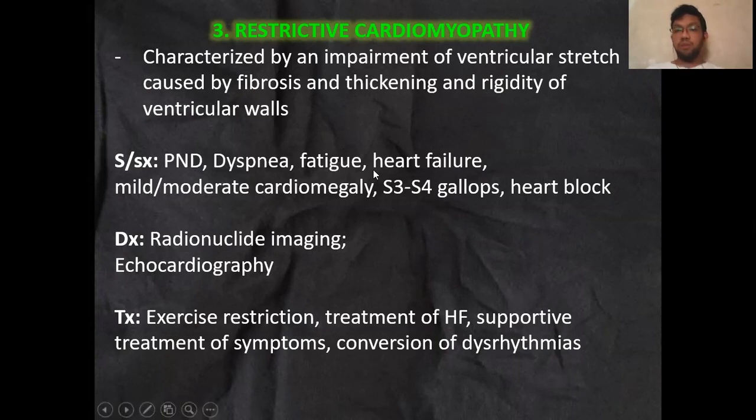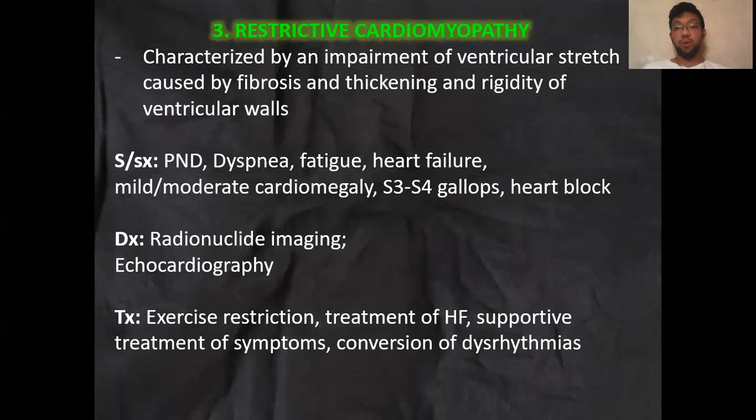When we say paroxysmal nocturnal dyspnea, this is the dyspnea that occurs at night. Or just the normal dyspnea can occur with this condition. Fatigue, heart failure again, mild or moderate cardiomegaly can be seen. S3 and S4 gallops again can be heard during auscultation, and there is going to be heart block.